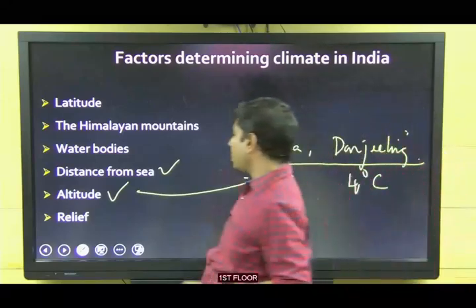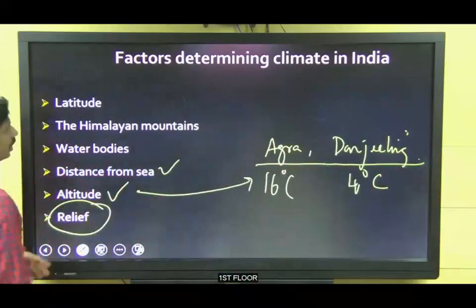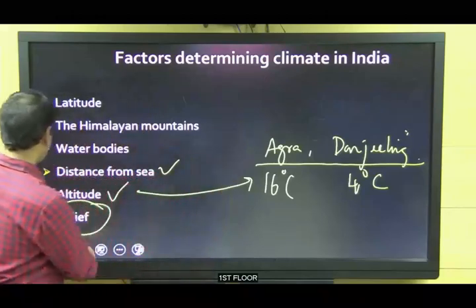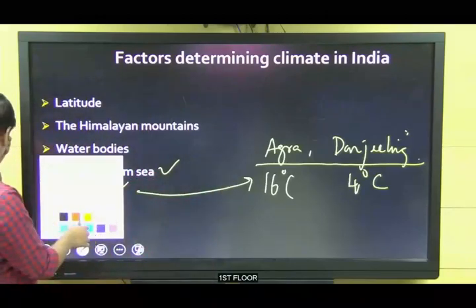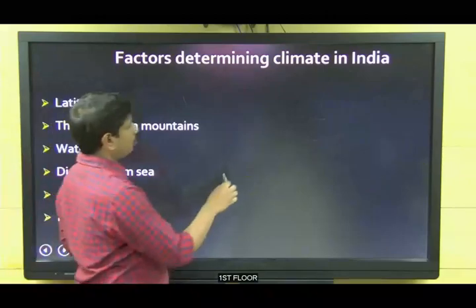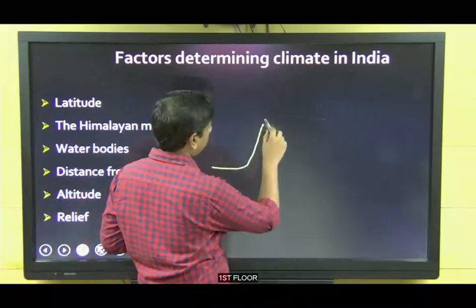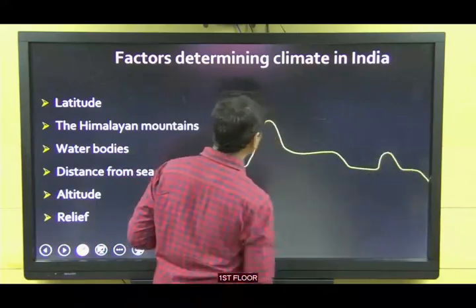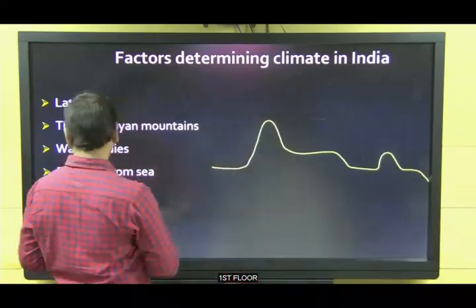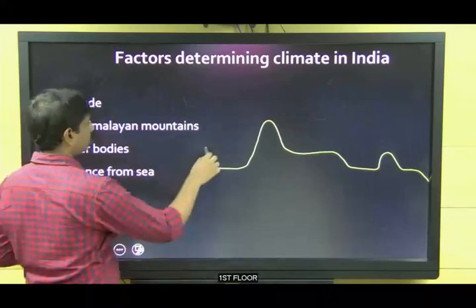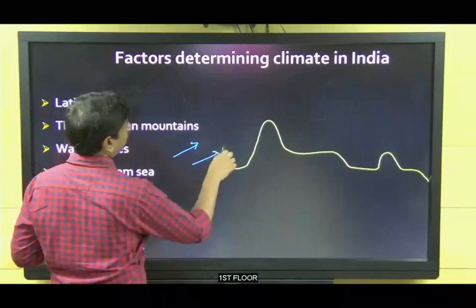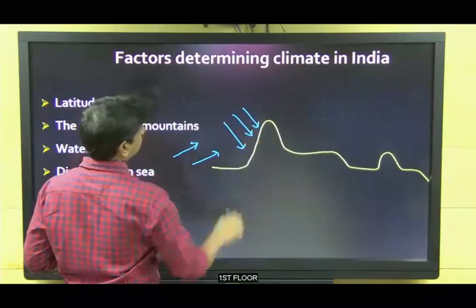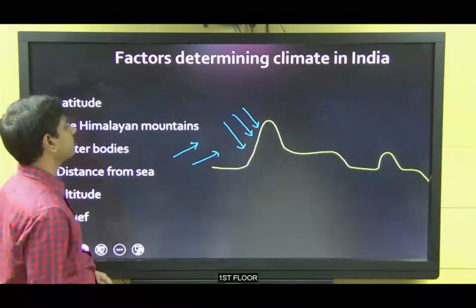And then the relief. Relief is the nature of the land. For example, if you take the Western Ghats, plateau, plain, Eastern Ghats, like this. So southwest monsoon gives rainfall to this slope, the western side.